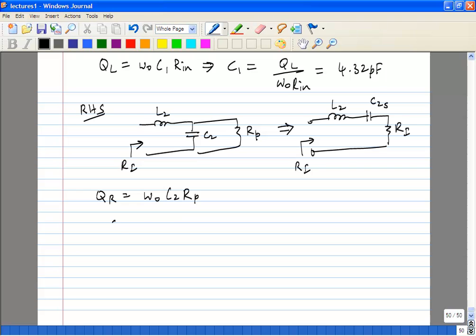So C2 is QR over omega naught RP, which is 2.24 picofarads, because you know QR, you know omega naught, you know RP. So the final matching network, we already know what it is.